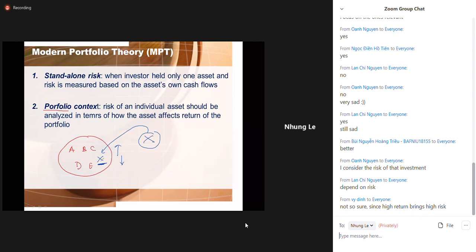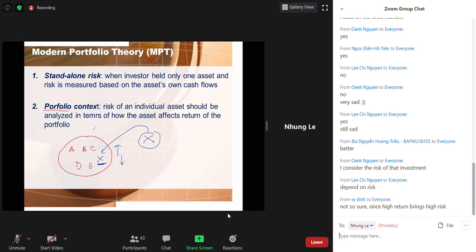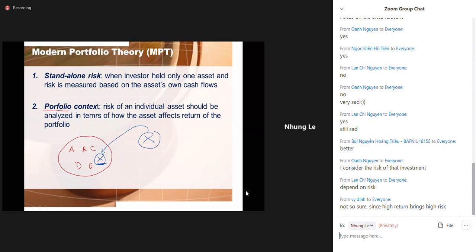Nowadays we know that we never invest our money in one asset. It's so risky. So we consider the level of risk in terms of portfolio context, and when we add it here, it can increase or decrease the portfolio risk.